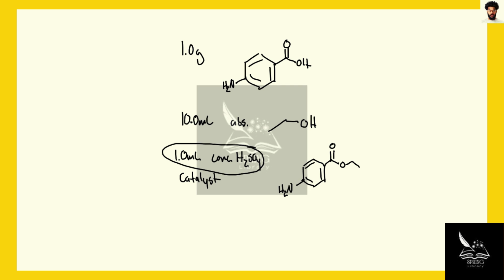Every mole of sulfuric acid used is regenerated in the final step of Fischer esterification, right? So we don't need to consider our sulfuric acid. We're purely looking at our aminobenzoic acid and our absolute ethanol. And luckily for us, this reaction is simply 1-to-1.